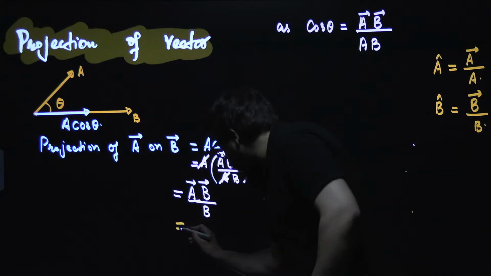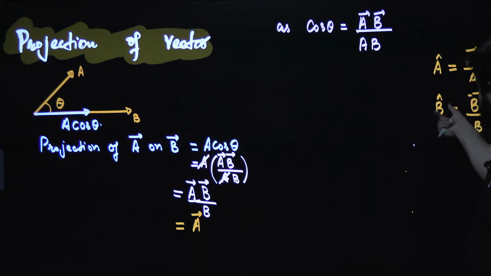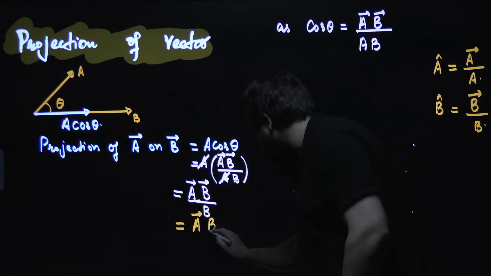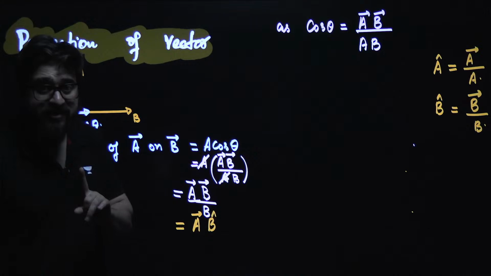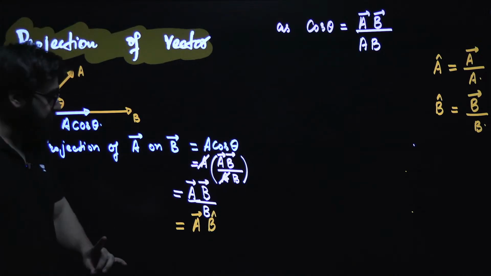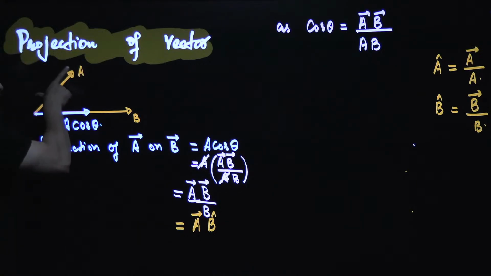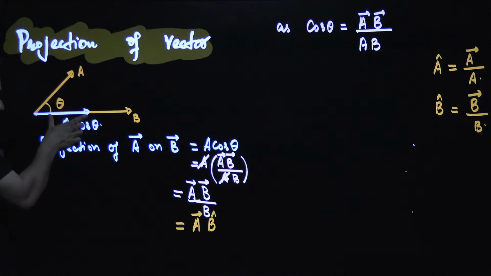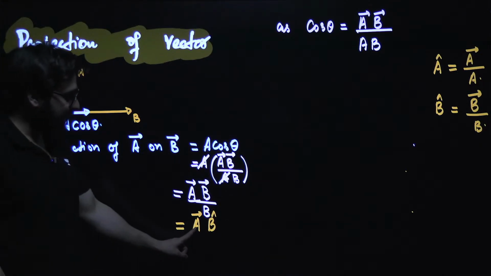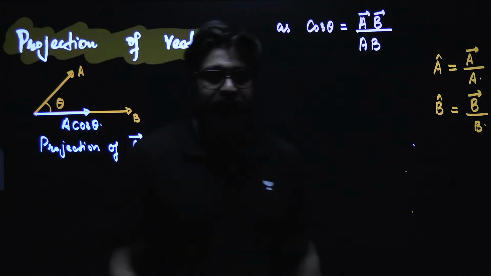So I can write A vector dot B vector upon magnitude of B, and B vector upon magnitude of B is the unit vector of B. So my dear friends, from now onwards, you can say the projection of A vector on B vector, or the component of A vector on B vector, is simply A vector dotted with the unit vector of B.